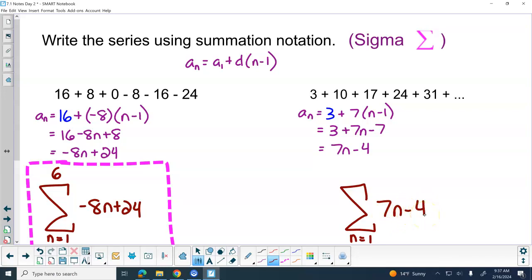Where's my n value going to be? Good, because it goes on forever and ever and ever.